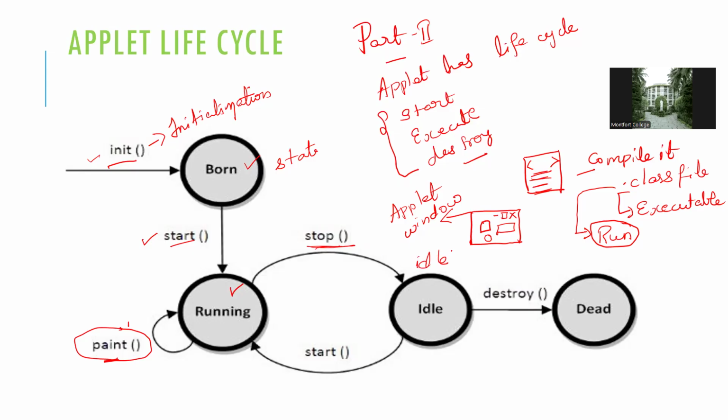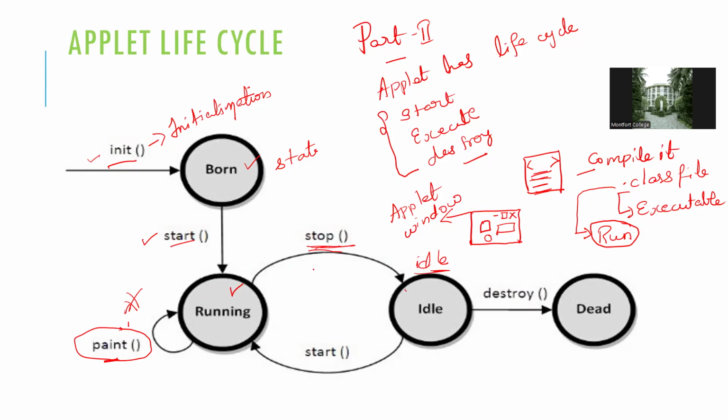Once everything is drawn on the applet window and the paint method completes its job, the stop method is called. Then this window will be in the idle state. Idle state means nothing happens, it will just be there.